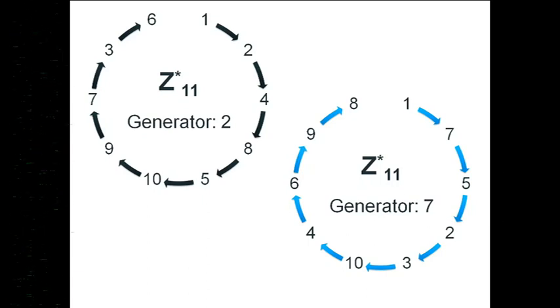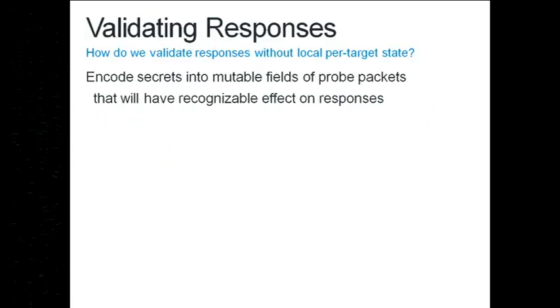Another thing that we do is the way we validate responses in an almost totally stateless way, by taking some secret and basically encoding it in fields of the outgoing probe, such that we can recognize whether a packet coming back in is a result of our scanning, or is it background traffic, is it just someone trying to attack us, whatever.